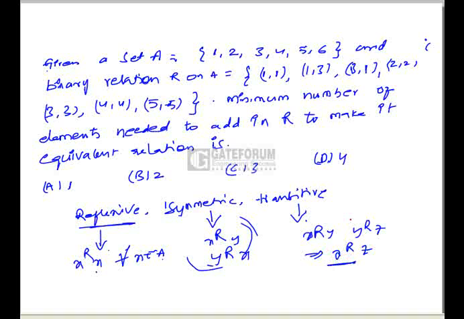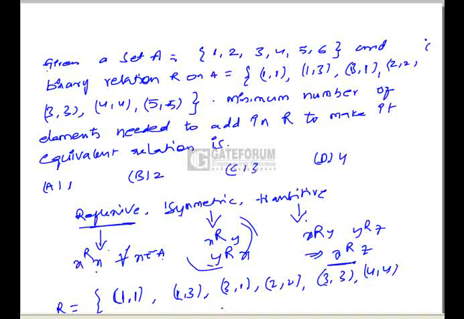Here R is given as R consists of elements like (1,1), (1,3), (3,1), (2,2), (3,3), (4,4), and (5,5).